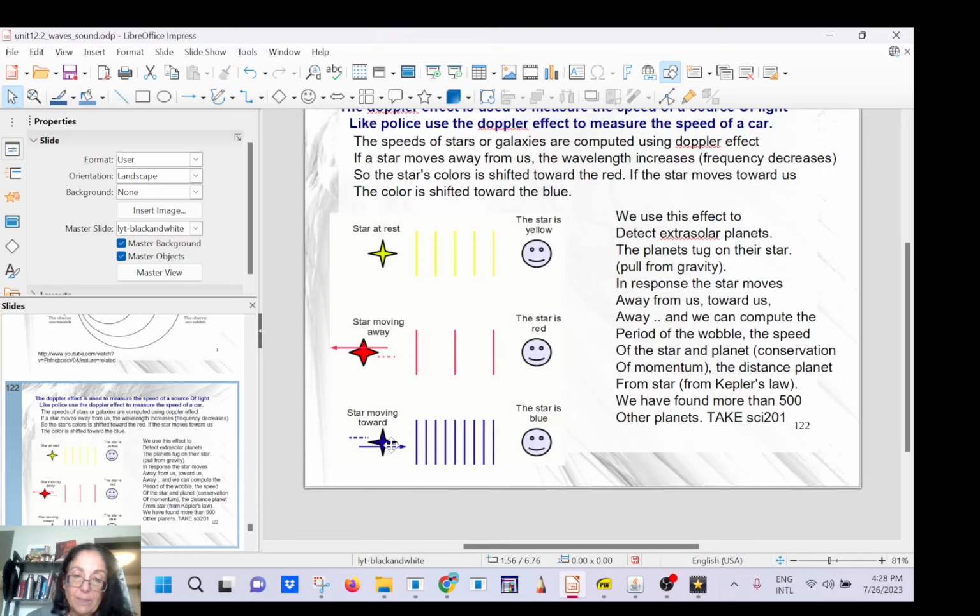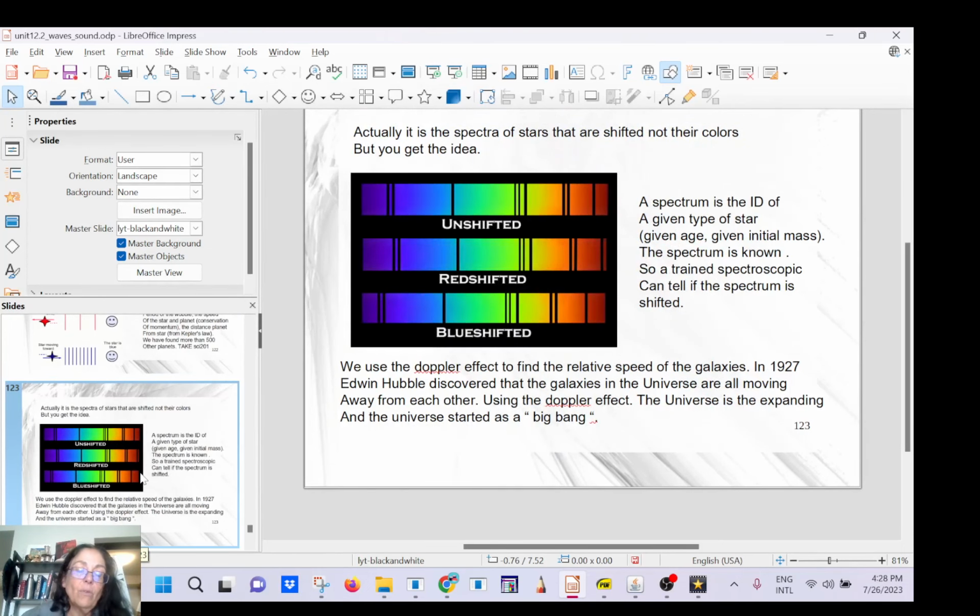It doesn't have to be stars. It could also be galaxies moving toward us, so it's blue shifted, or away from us, so it's red shifted. So of course, it's not really the color that we scientists are looking at. It's the spectrum.